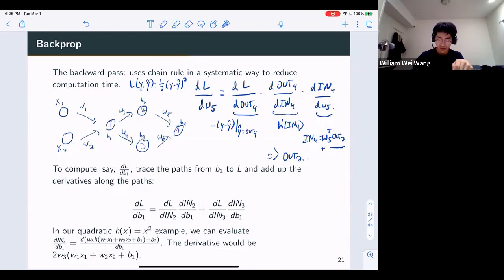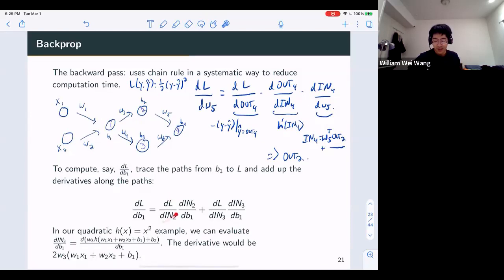For example, this is one valid decomposition. It says that the derivative of the loss with respect to B1 decomposes along this path, given by this term: the gradient of L with respect to the input of 2 times the derivative of the input with respect to B1. And then same thing for this path.